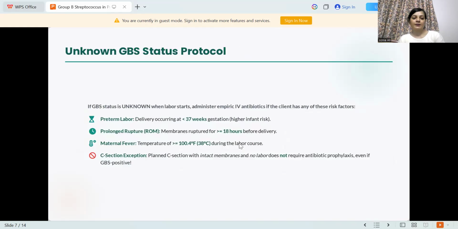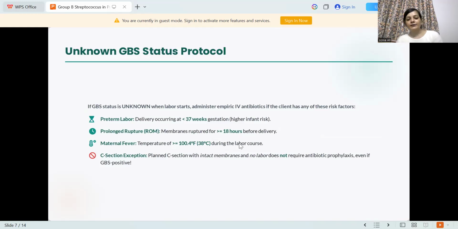Now, the next slide is the unknown GBS status protocol. We discuss unknown status because we know what we will do for patients who are positive, and for those who are negative, we will see in the upcoming slide.